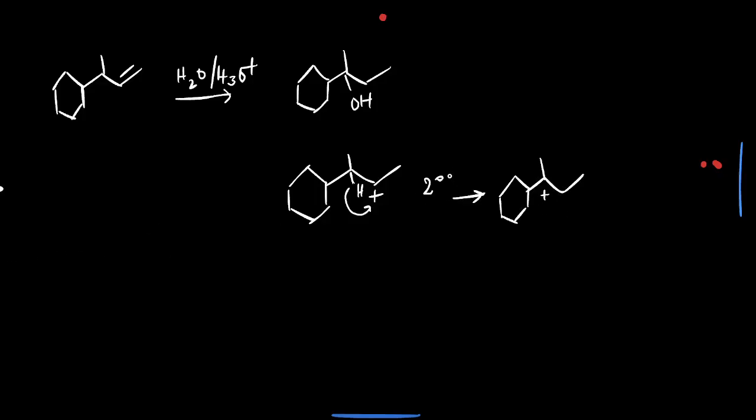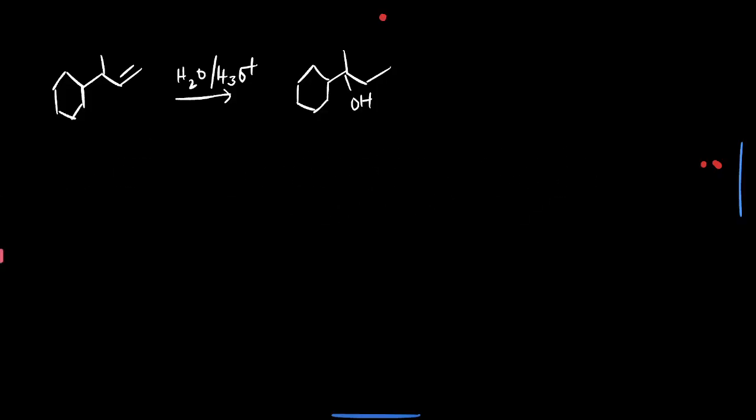So it's because of that that we'll end up forming a product where the hydroxyl group is attached to this carbon here. So that's actually an important realization to have, is that when we're doing acid-catalyzed hydration, we can have carbocation rearrangements, we can have hydride shifts, we can have methyl shifts. But when we're looking at oxymercuration, that is not going to be possible.